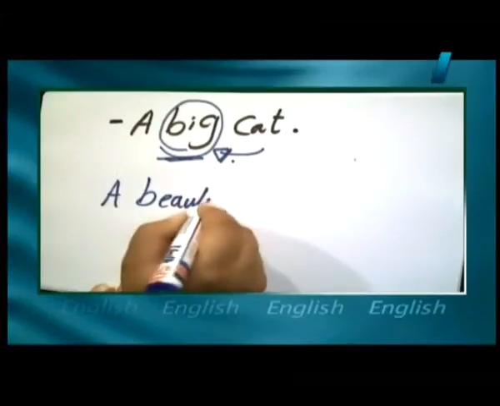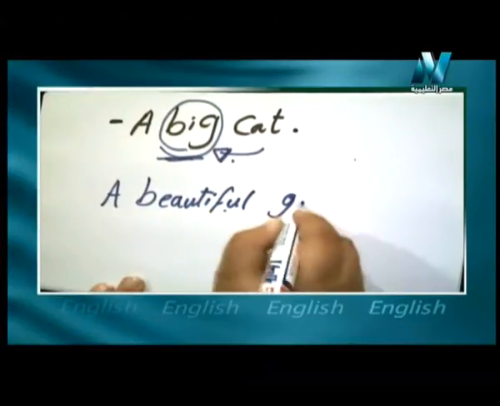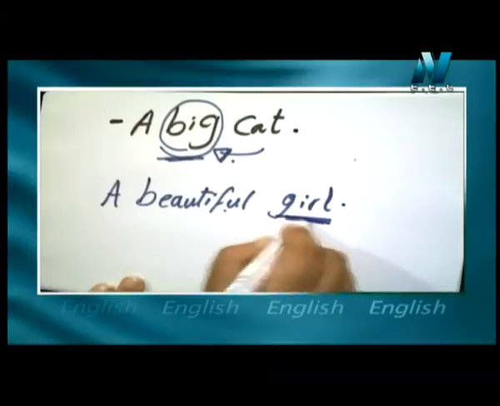The second case, I'm going to use the adjective before the descriptive word. Let's say, for example, when I say a big cat. A big cat. Here, where is the adjective? It's the word big. I'm going to put big before the word I'm describing, before the cat. A big cat. A beautiful girl. I'm describing the girl that she is beautiful.